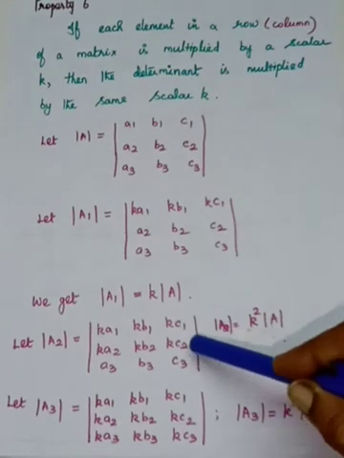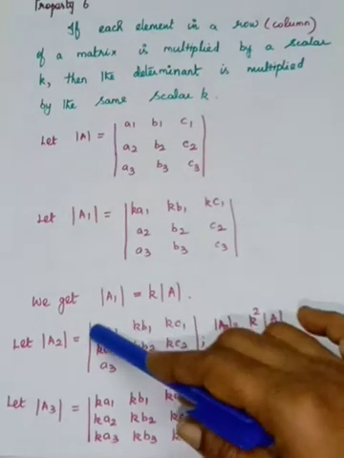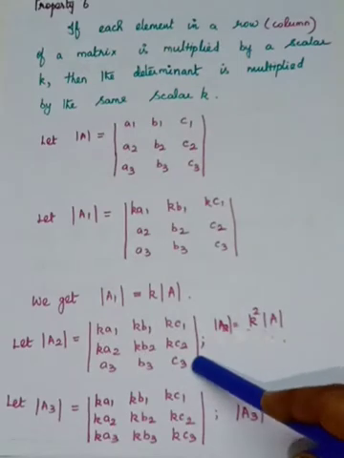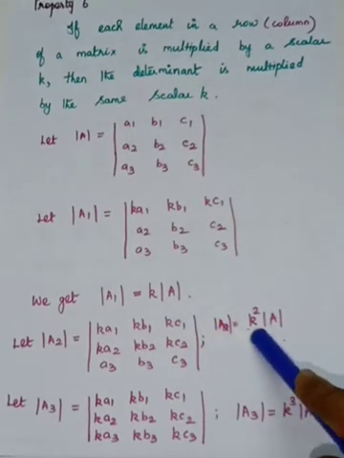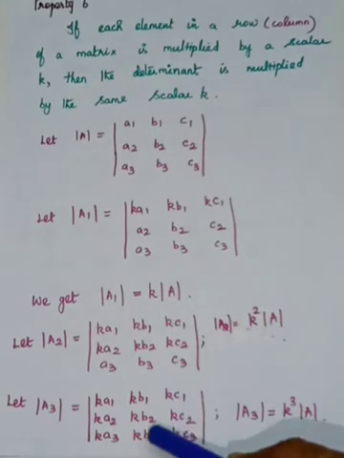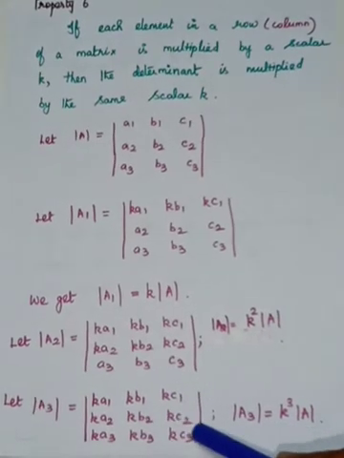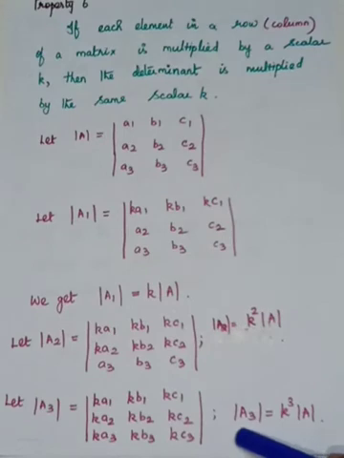It has 3 rows and 3 columns. But in the first row and the second row, only 2 rows are multiplied by the constant k, so its value is multiplied by k squared. So here in A3 also 3 rows and 3 columns, order 3.